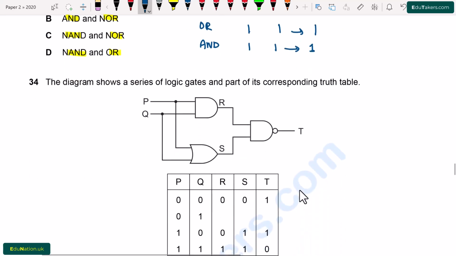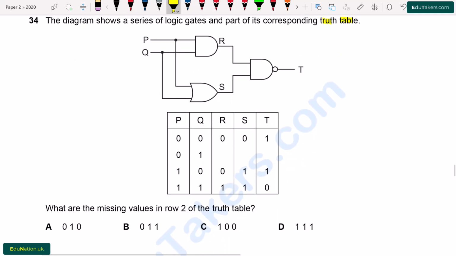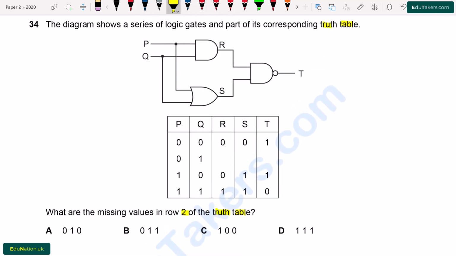Next question number 34. The diagram shows a series of logic gates and a part of its corresponding truth table. What are the missing values in row 2 of the truth table? So here we have to complete the truth table.